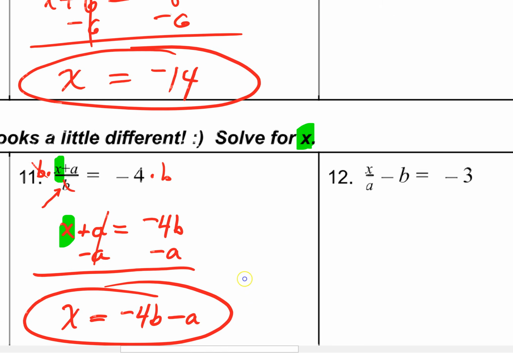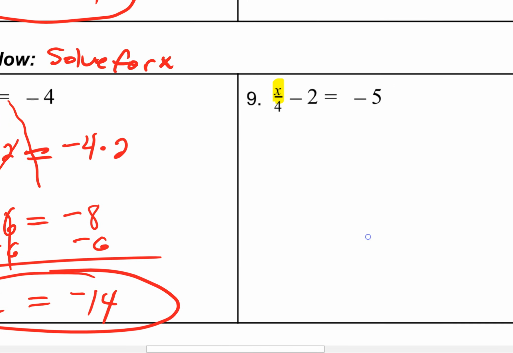Guys, let's take a look at these last two things. A very nice scenario with number 9. Imagine that you're writing out this left-hand side. You have x over 4 minus 2. The very last thing you would have written would be a minus 2. We want to get rid of that. We can add a 2 to do that.